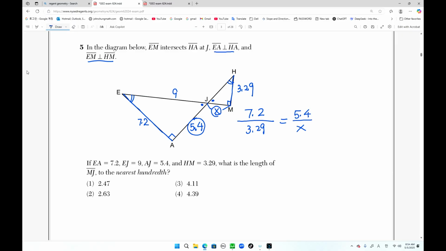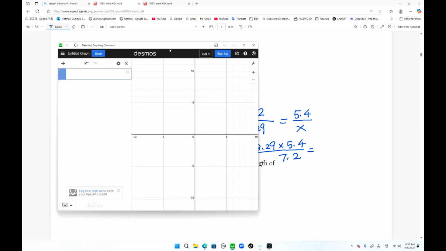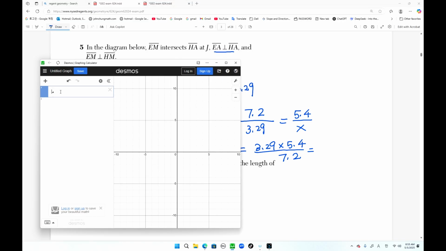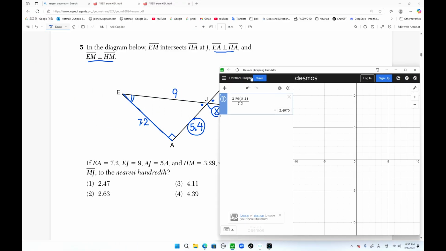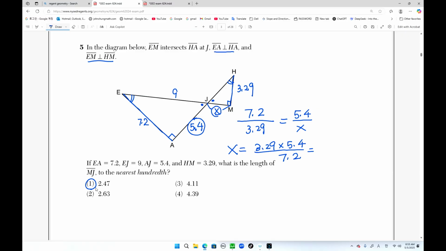That's the equation. Okay. So x equals 3.29 times 5.4 over 7.2, right? Okay, I'm going to use decimals, okay? 7.29 times 5.4 over 7.2. 2.4675. You have 7 over here, okay?